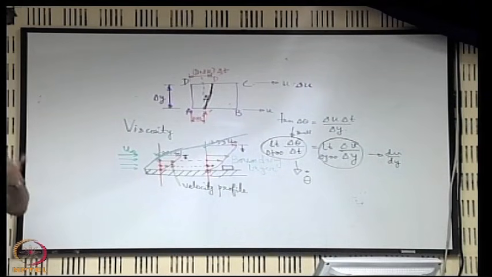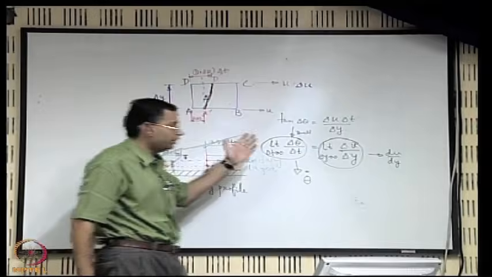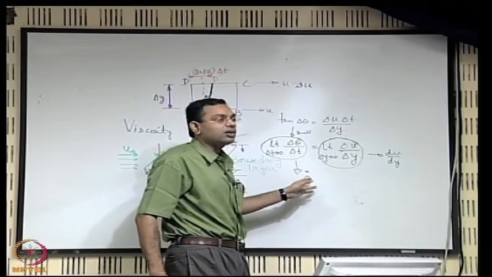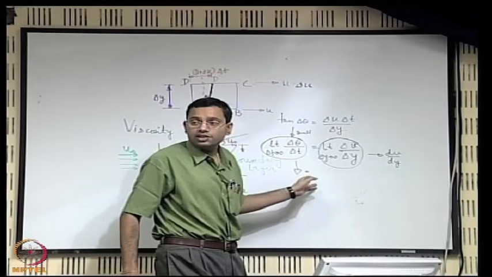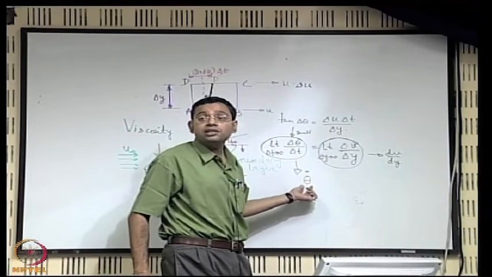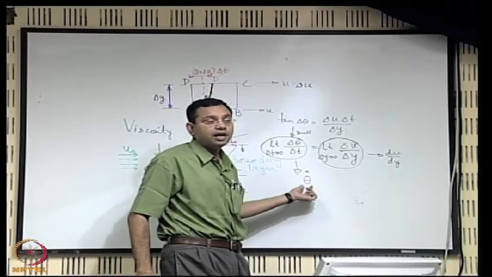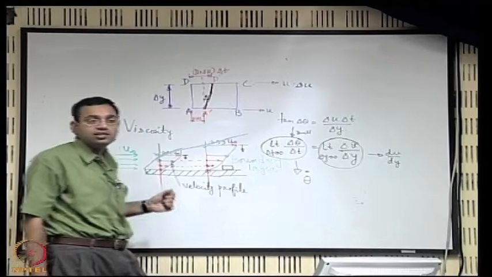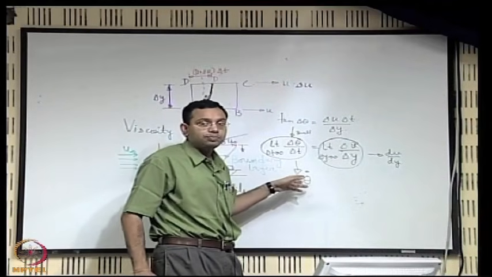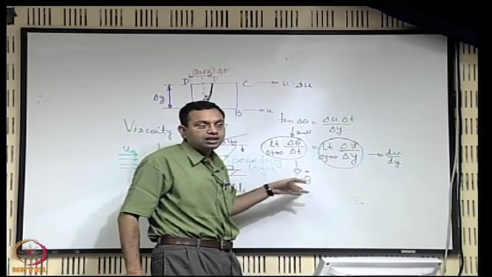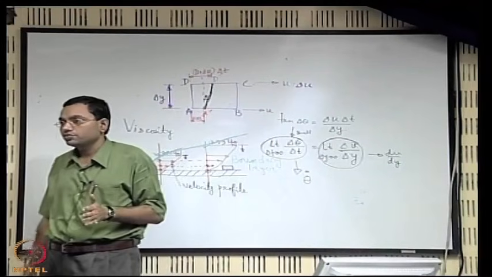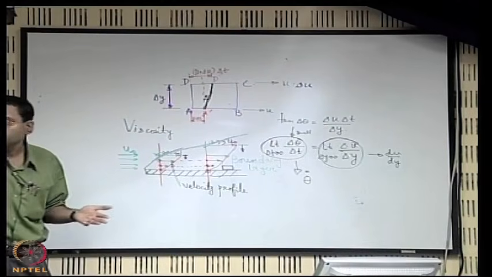We will see how it may be interpreted with a different example, but the important thing to understand is that this theta dot must be related to the shear stress. So this is a kind of straining. This is rate of shear strain or rate of angular deformation. These are the terminologies commonly used to quantify this. So we call this rate of deformation, rate of angular deformation, or rate of shear strain.